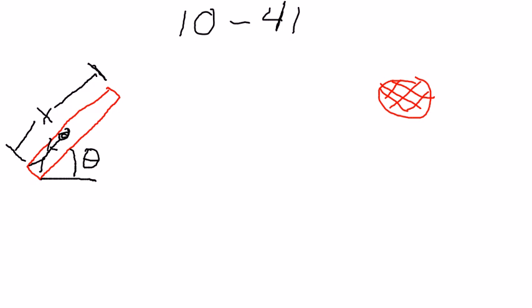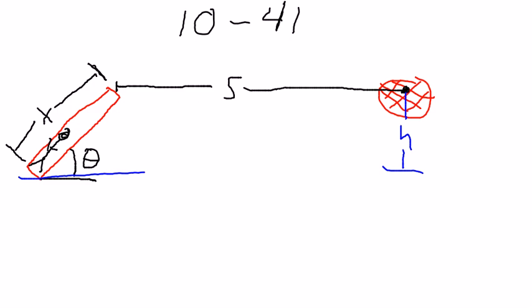And then we're given the fact that he's being launched some other distance. Here I'm going to call this distance s from the cannon to the net. And we're told that the height above the ground that the net is at here, so here's our ground, is the same height that the top of the cannon is above the ground.